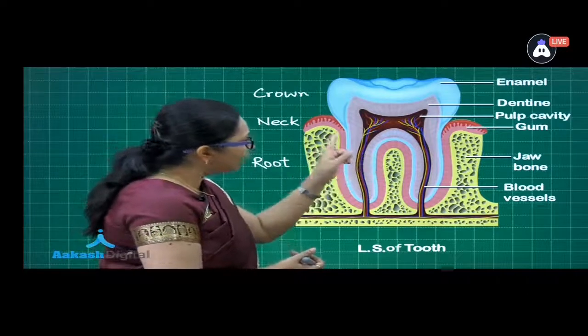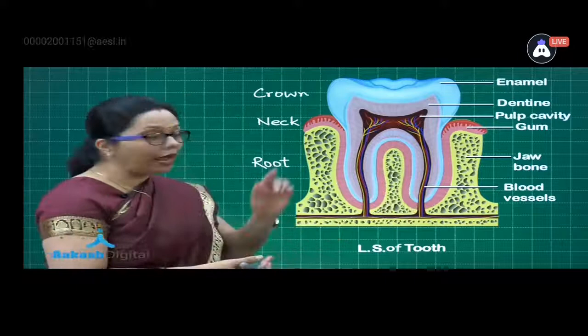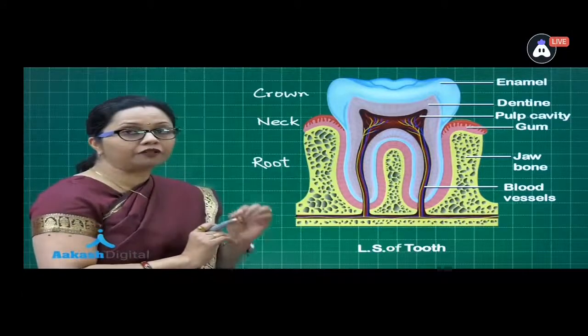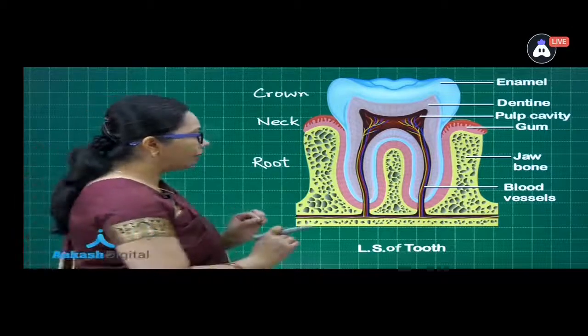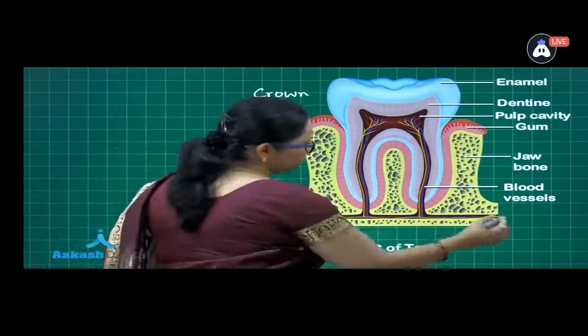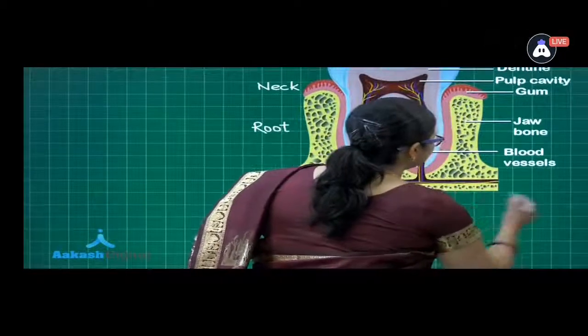Now as we said, each tooth has a pulp cavity, and there are nerves also. This nerve is a branch of one of the cranial nerves, the 5th cranial nerve, which is the trigeminal, and it is also called the dentist nerve because it supplies the tooth.